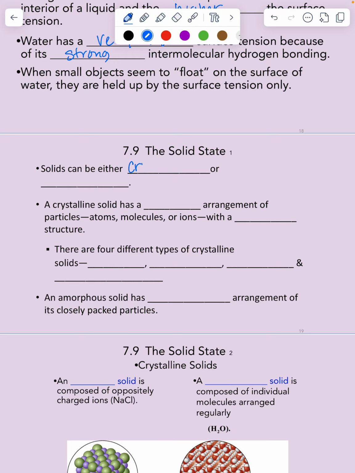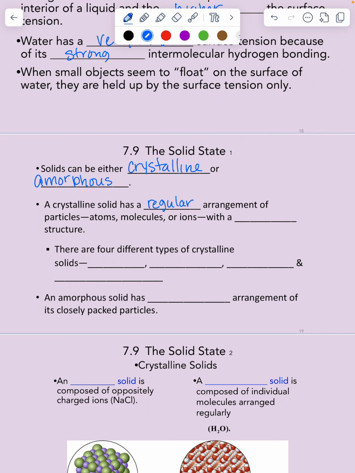A crystalline solid has a regular arrangement, like a repeating pattern to its arrangement of atoms or molecules, with a repeating structure. So a regular arrangement with a repeating structure, that would be crystalline.